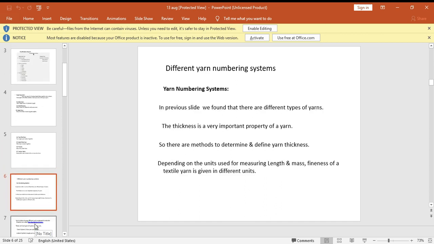And the different yarn numbering systems. That means we can express the fineness or coarseness of yarn by the yarn numbering system. In this again we have direct and indirect. In direct we have tex and linear system, and in indirect we have count, English count, and metric system.